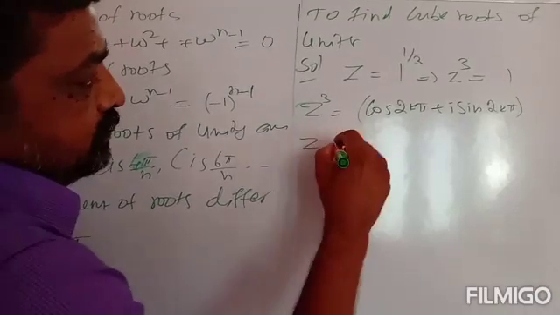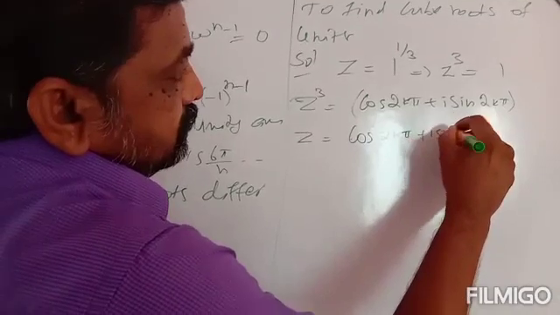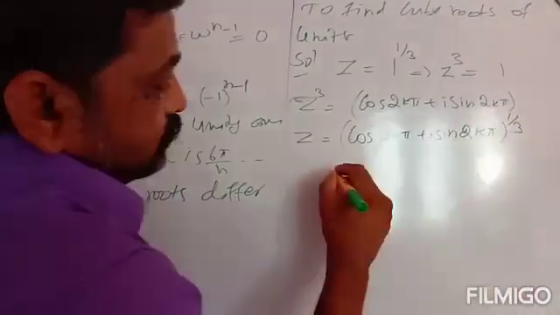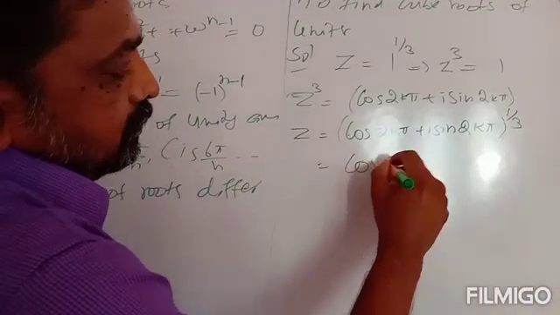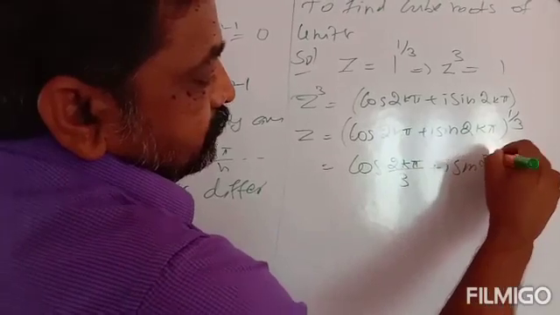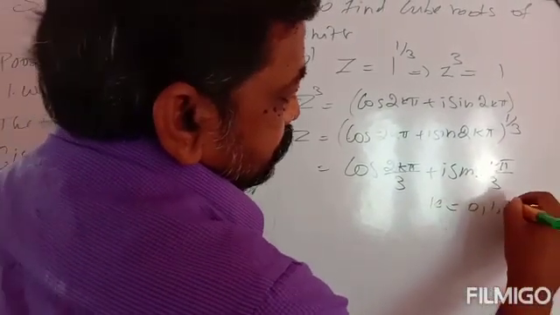So therefore z is equal to cos 2k pi plus I sin 2k pi whole power 1 by 3. So applying De Moivre's theorem, cos 2k pi by 3 plus I sin 2k pi by 3. Here k is equal to 0, 1, 2.